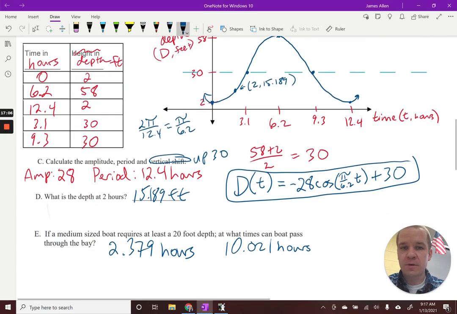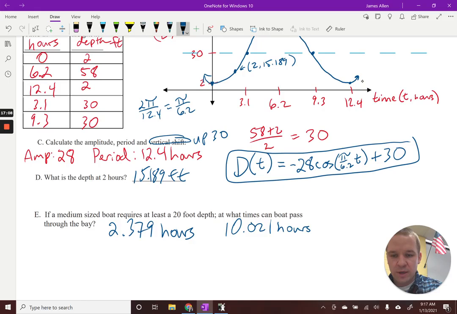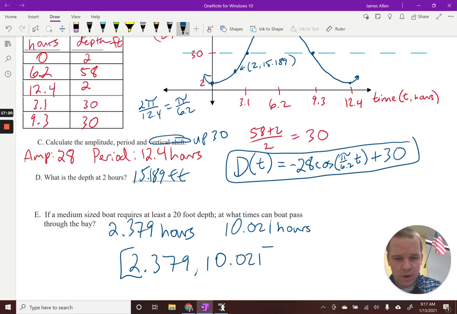So between that time frame, it says at least a 20 foot depth, so 20 is cool. We'll do brackets 2.379 to 10.021 hours. That's 20 feet to 20 feet and anything greater than that between that interval. So that's when a medium-sized boat would be able to pass through.